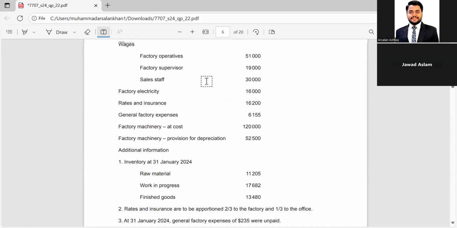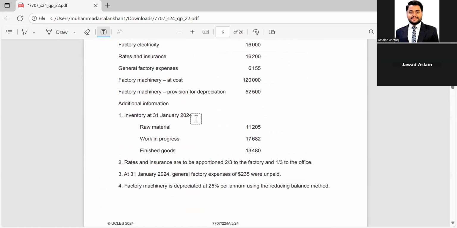So first of all, we are given three pieces of additional information, which are adjustments. As per the format, the first adjustment is the closing stock adjustment, which they have provided as raw material at year end, work in progress at year end, and finished goods at year end. These are the three inventories.